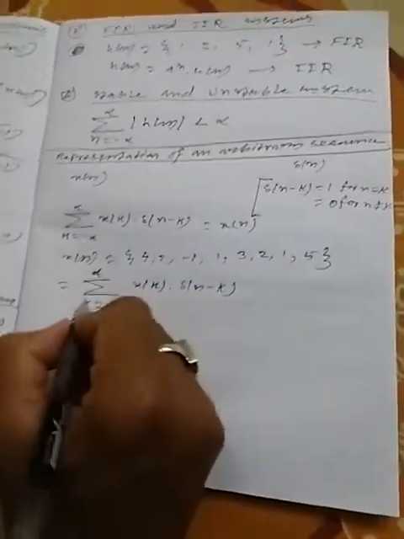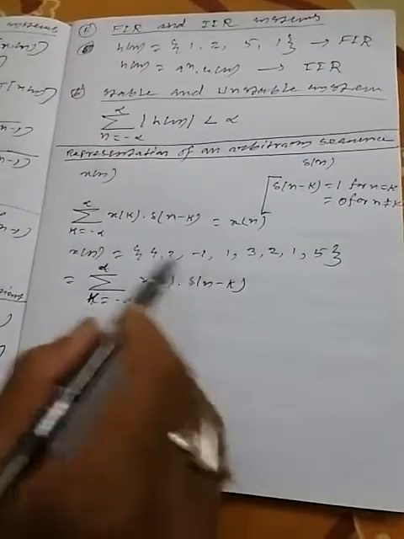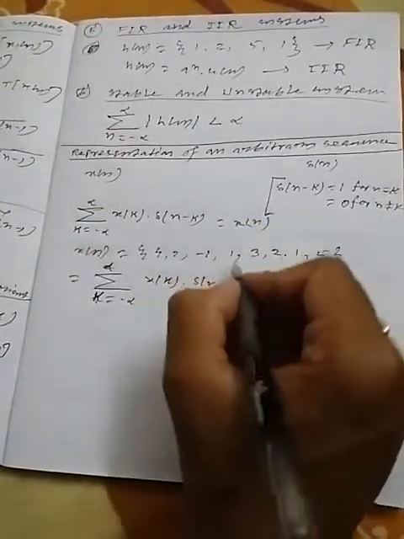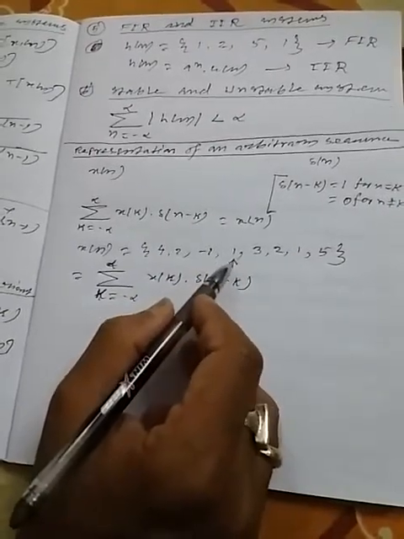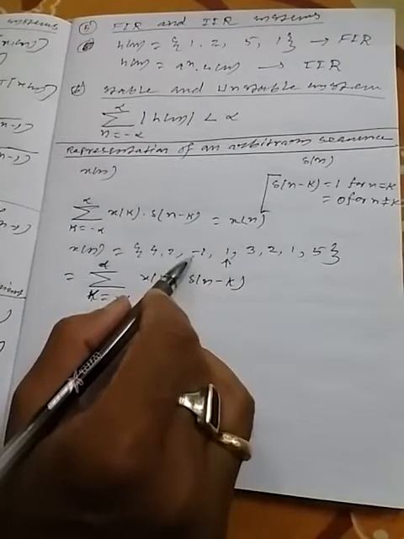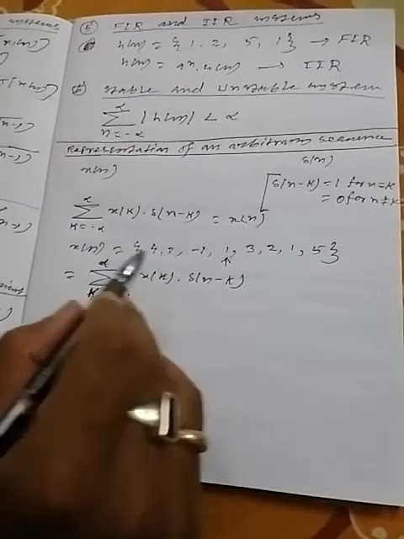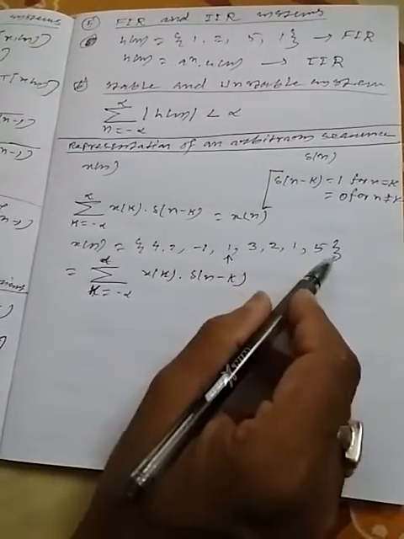Now, here there is an arrow, which indicates the 0th position in this sequence. If it is the 0th position, then this is the minus 1 position, minus 2 position, minus 3 position, and this is 1, 2, 3, 4 position.